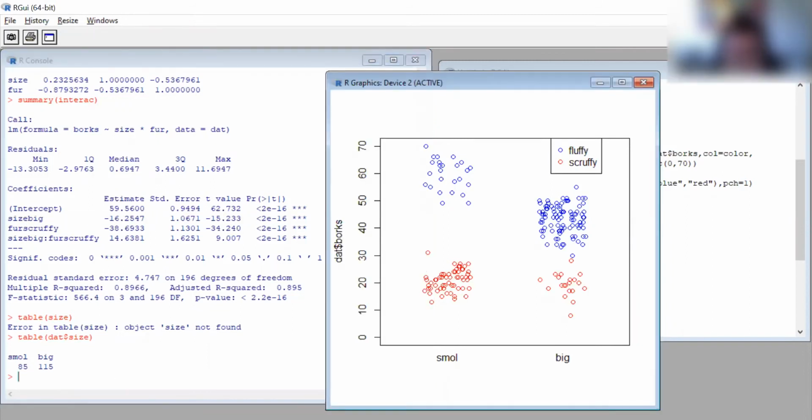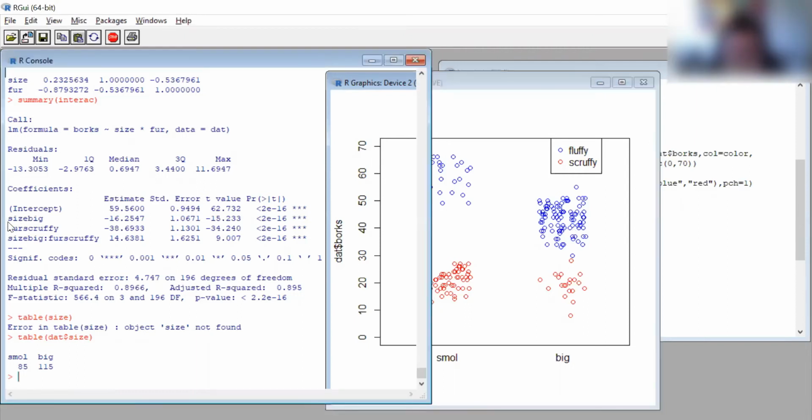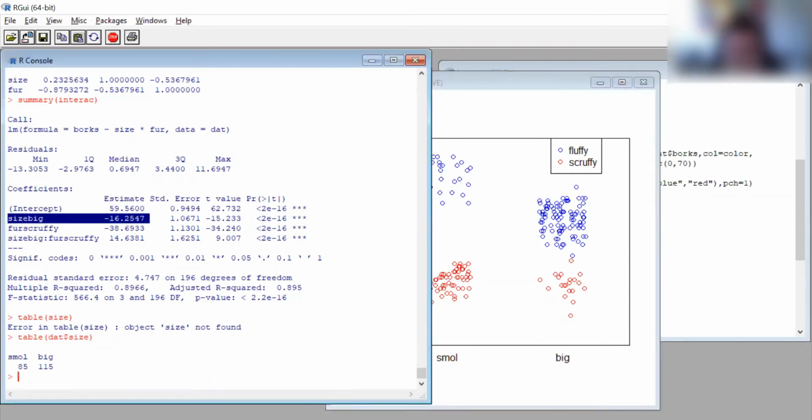Would the first line be that big dogs bark less than small dogs when they're fluffy? Exactly. Yeah. Oh my God, I know that was so simple, but I'm so proud of myself. I get thrown off by the comparison things, like which one I'm supposed to choose.